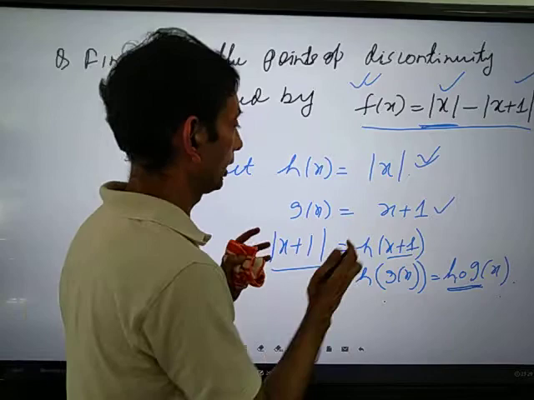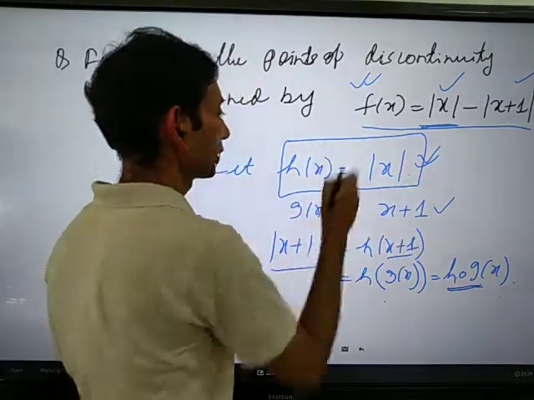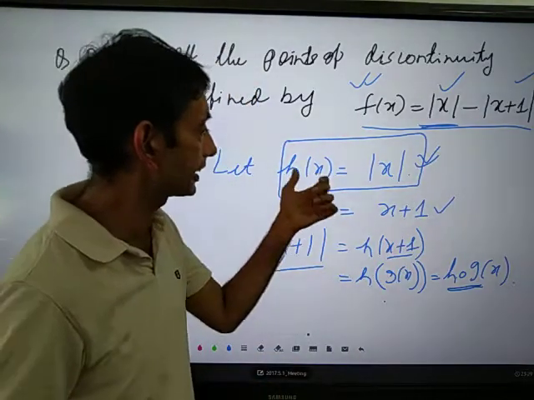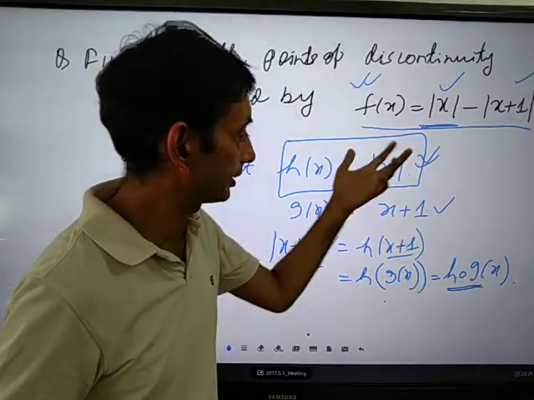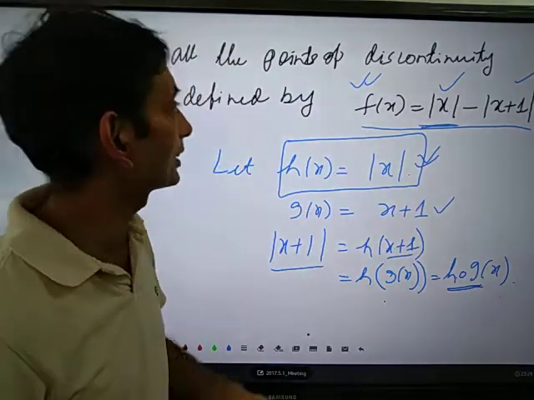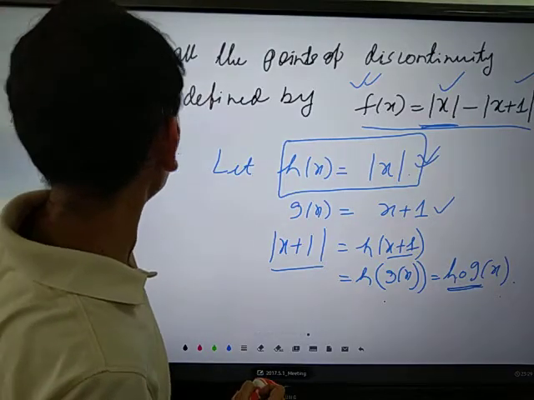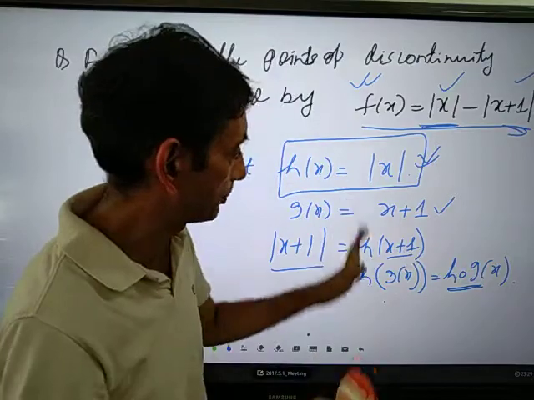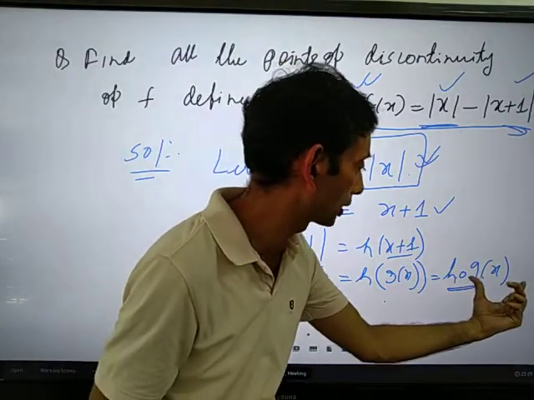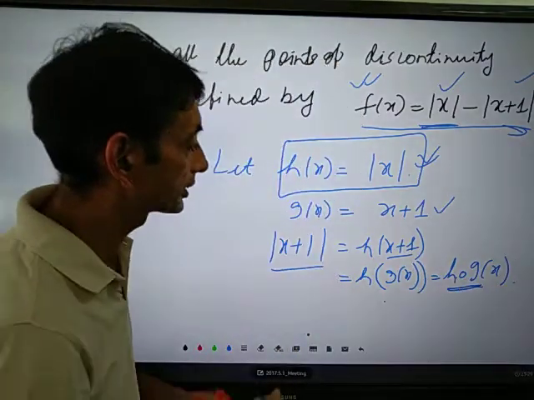But anyway, since we have already done that h(x) is equal to mod x, we can accept that this is a continuous function. And since it was asking us to find all the points of discontinuity, let's explore x plus 1. So mod x plus 1 we are writing in the form of the composition of functions, that is h∘g(x).